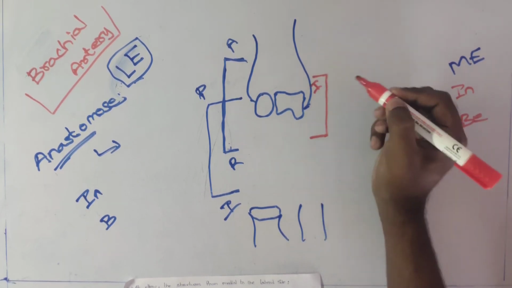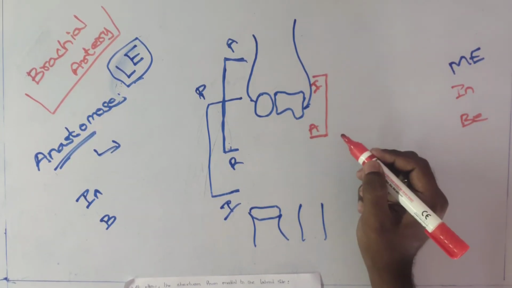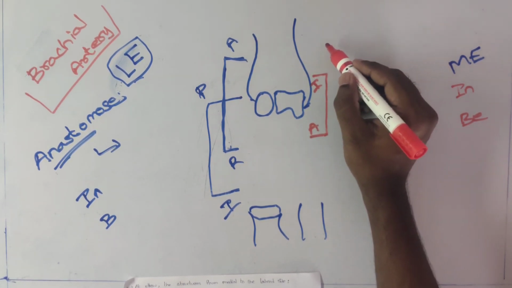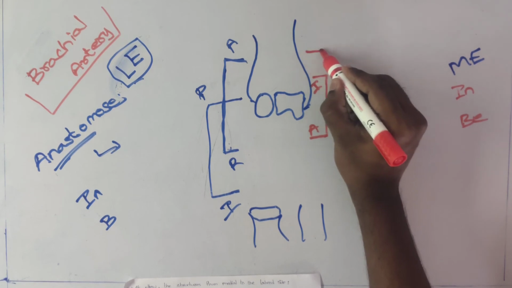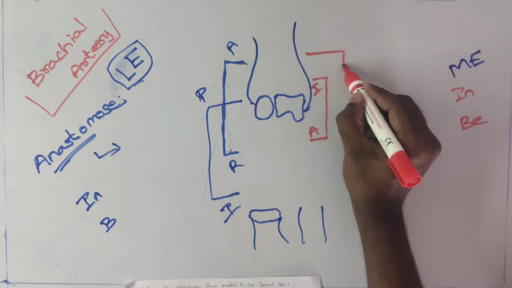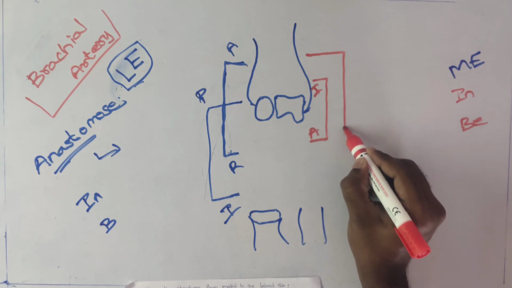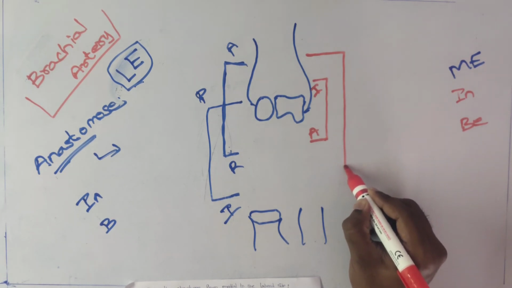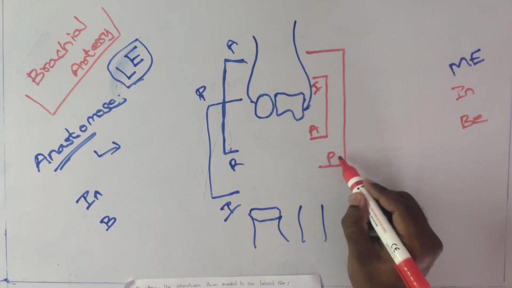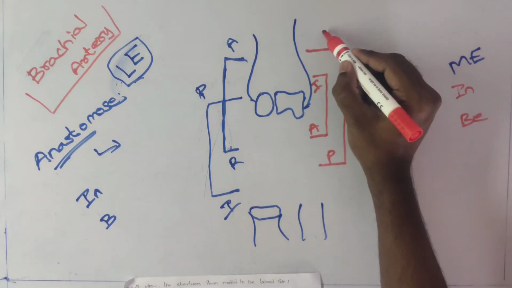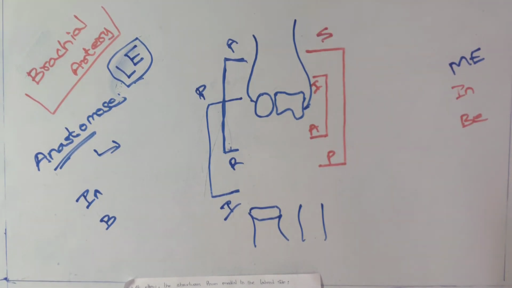Here is the I for inferior, and here is the A for anterior. Next, behind, the superior ulnar collateral branch of the brachial artery, superior meaning above, anastomoses with the posterior ulnar recurrent branch of the ulnar artery. Superior, and here is the P.